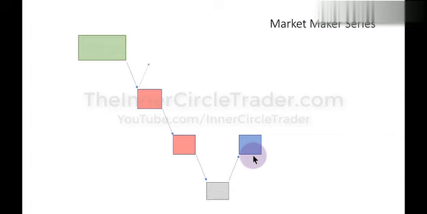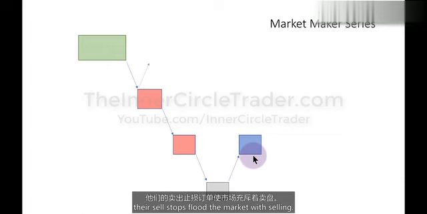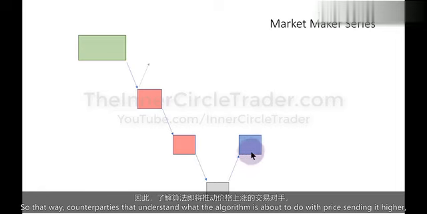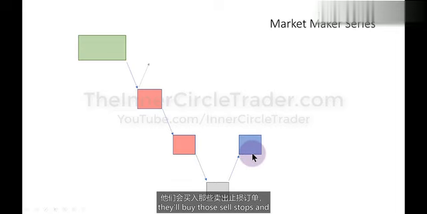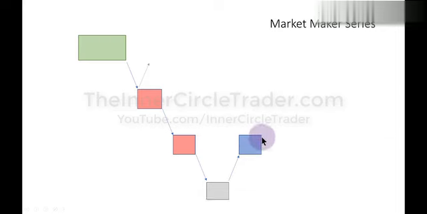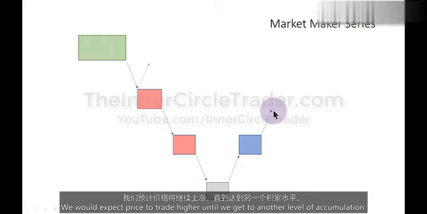When the stops are taken, those sell stops flood the market with selling, so that way counterparties that understand what the algorithm is about to do with price, sending it higher, will buy those sell stops, and they'll be positioned for a rally higher. We would expect price to trade higher until we get to another level of accumulation.